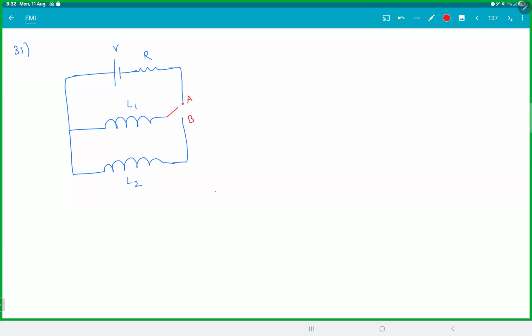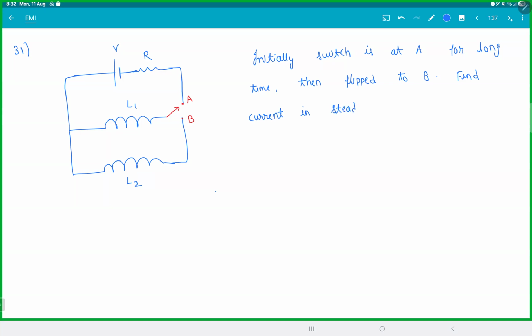The switch is initially connected to A for a long time and then flipped to B. Then find the current in the circuit. So now you're connecting an inductor to an inductor.